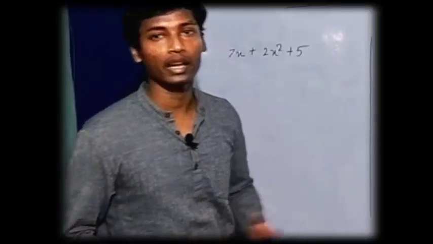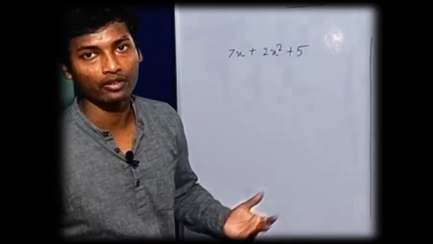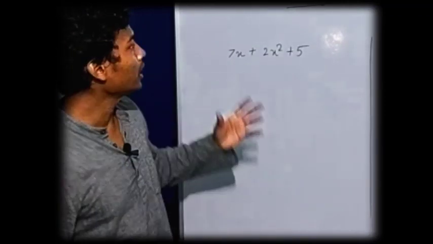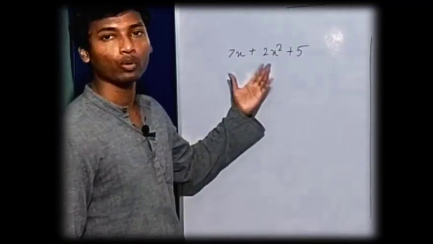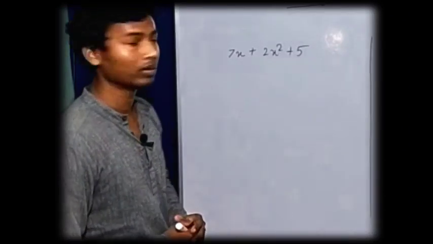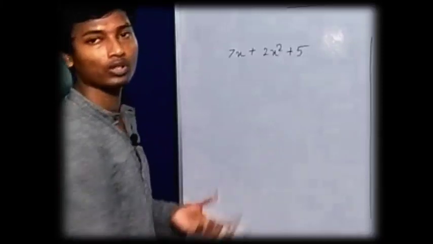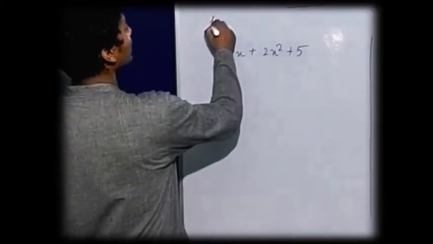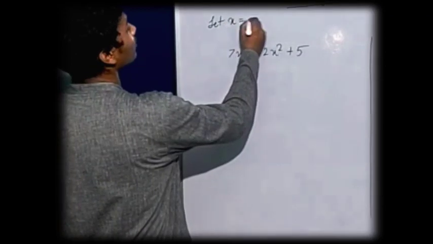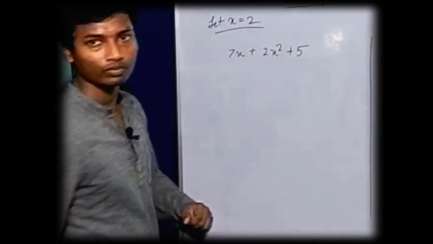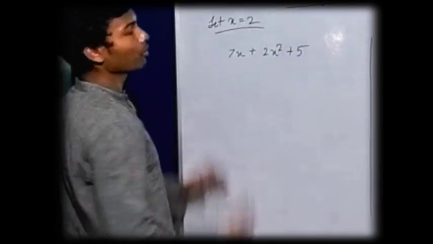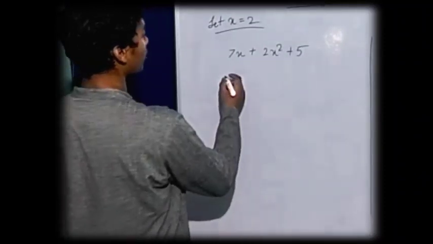A variable can have different values in different situations. If a certain value is assigned to any of the variables, then the algebraic expression also changes to a certain value. Let's say in this example, let x be 2. Now let's substitute the value of 2 in place of x.